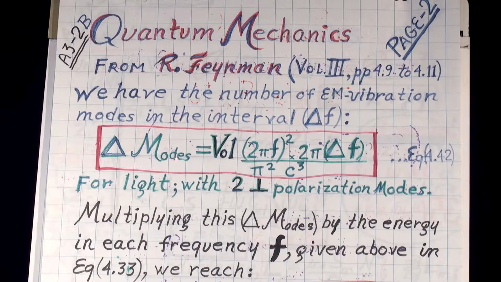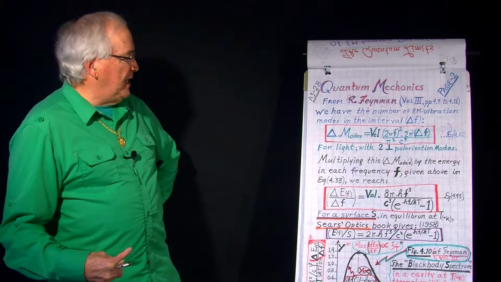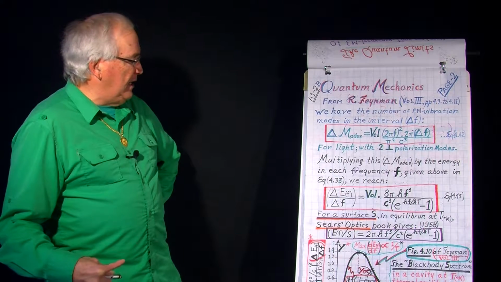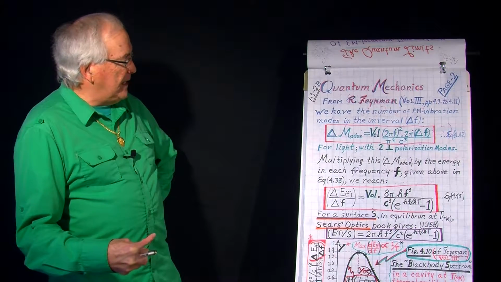The number of modes per volume is given by this. And always you have this number of modes that has to be multiplied by the equation we had in the other sheet, and you will end up with the energy, or delta energy, in a given range of frequency or wavelength given by this equation.